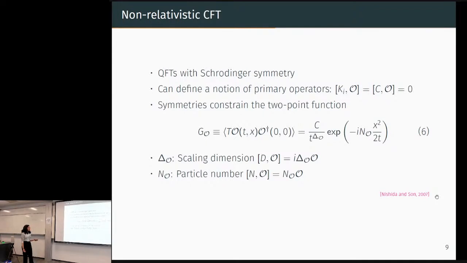Here delta O is the scaling dimension of this primary operator, and N O is the particle number. Just to mention, like in usual CFTs, the 2-point function gets constrained, but the 3-point function is not constrained, and so there's very little hope for the 4-point function.